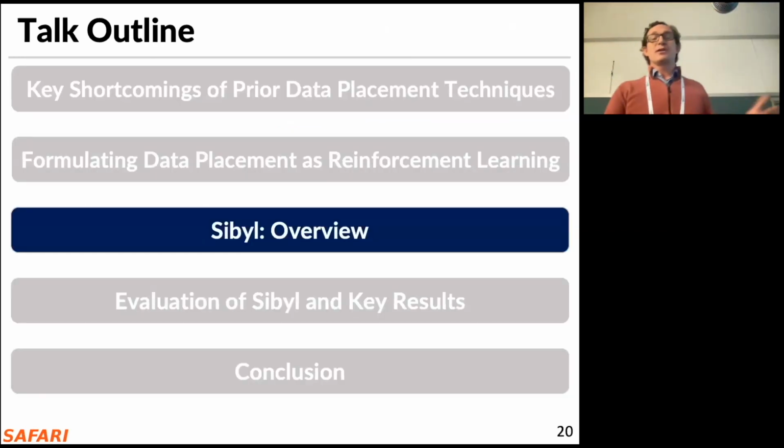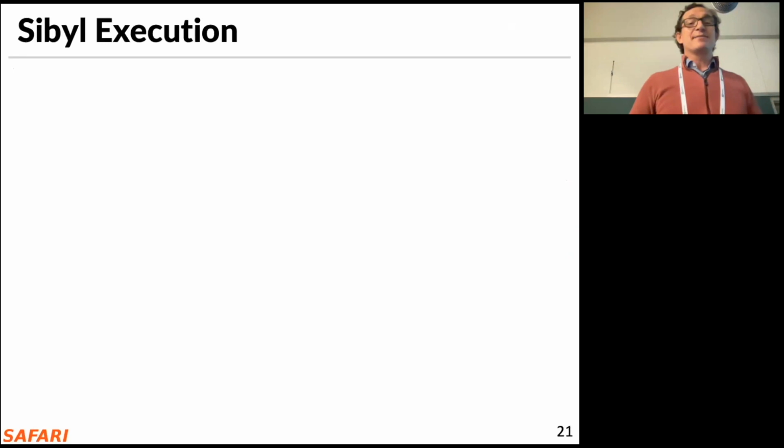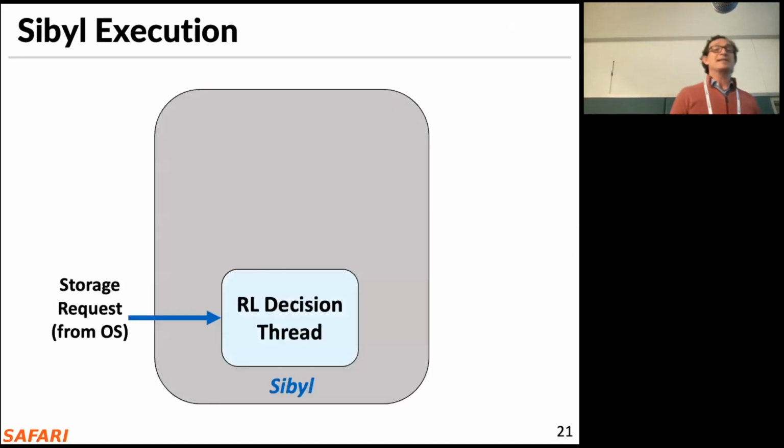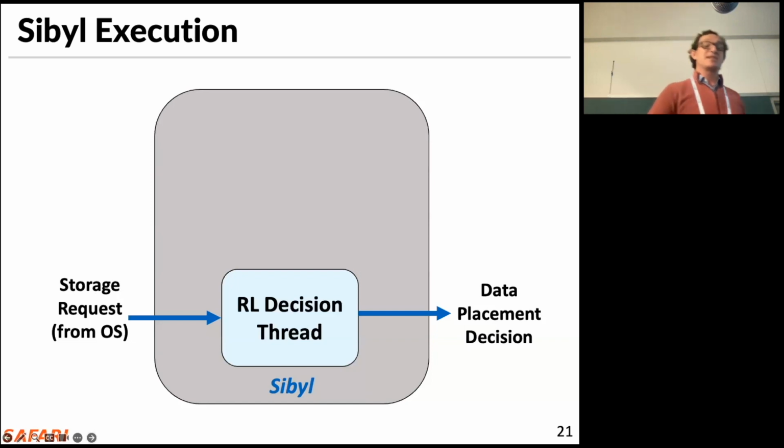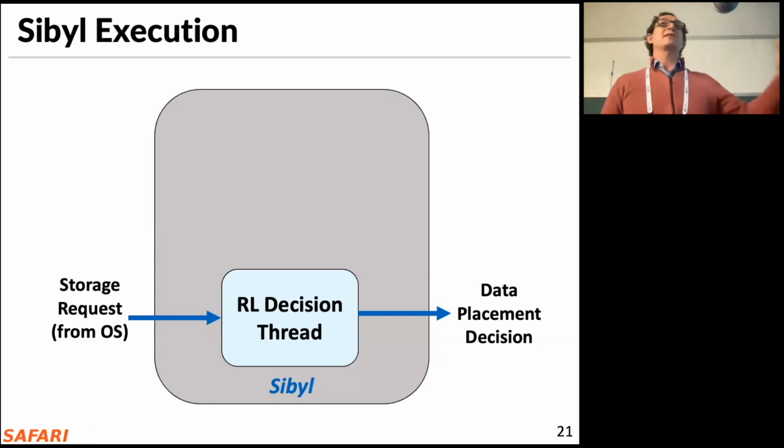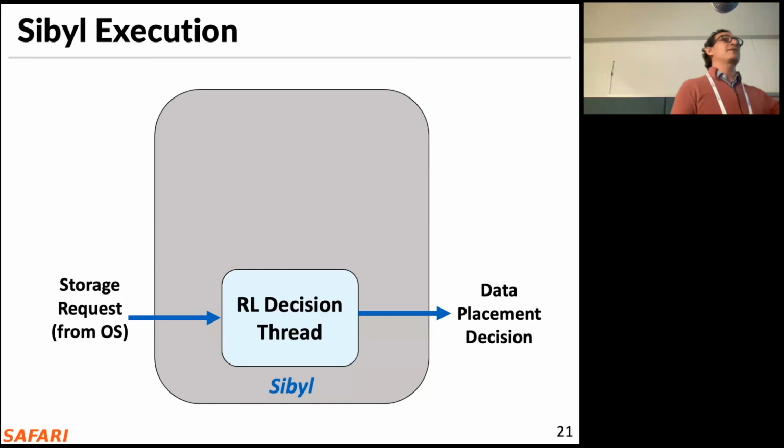Okay, so let me give you the overview of how this is designed. The execution is decoupled in the sense that you have a storage request that comes from the system. A reinforcement learning decision thread makes a data placement decision: should this new page be allocated in the fast device or the slow device?